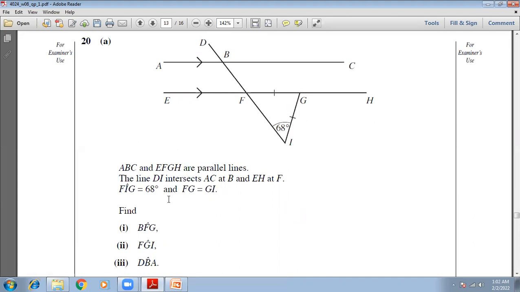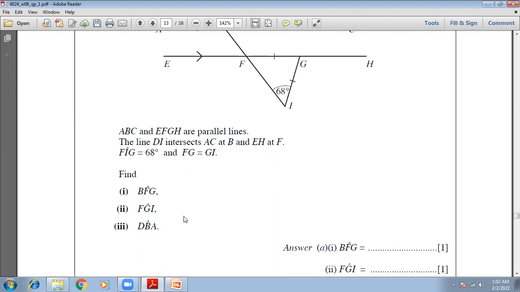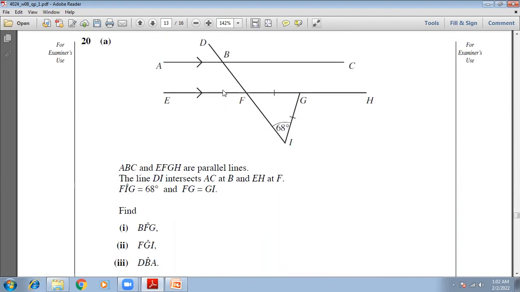Okay. So the question is, and the FG, this side, and the GI, this side, they are equal to each other. So the first question is, what is the value of the BFG? I want to know this value.